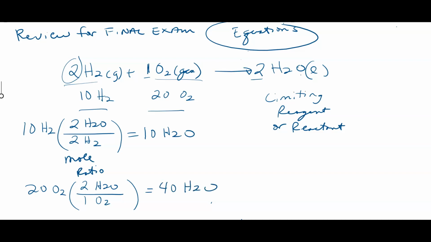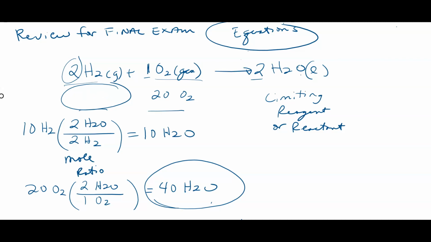So like I said, hydrogen in this case is my limiting, because if I have 10 hydrogens, I only make 10 waters. If I have 20 oxygens, I make 40 waters. So that's called a limiting reagent problem. Remember always to balance the formula first.